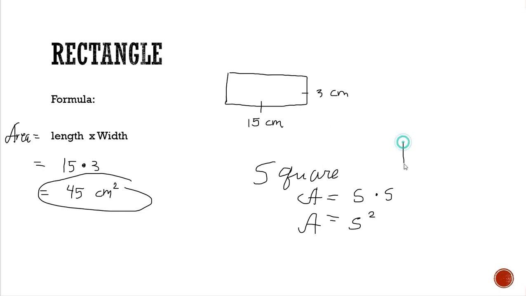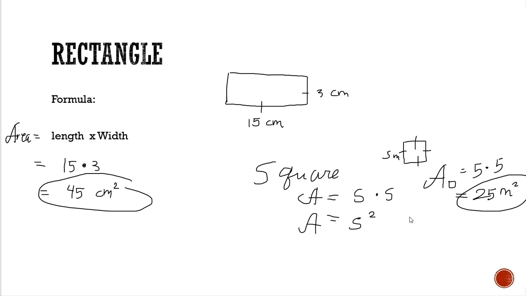Area is equal to side times side, which is like its length and width being the same. So if one side is 5 meters and this is a square, all sides are 5 meters. Therefore the area of the square would be 5 times 5, or 5 squared, and this is 25 square meters. Never ever forget the square or the exponent.